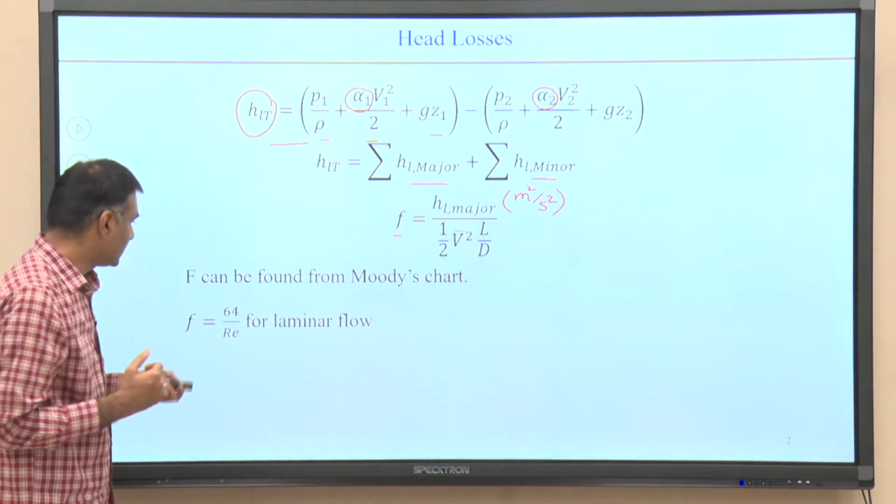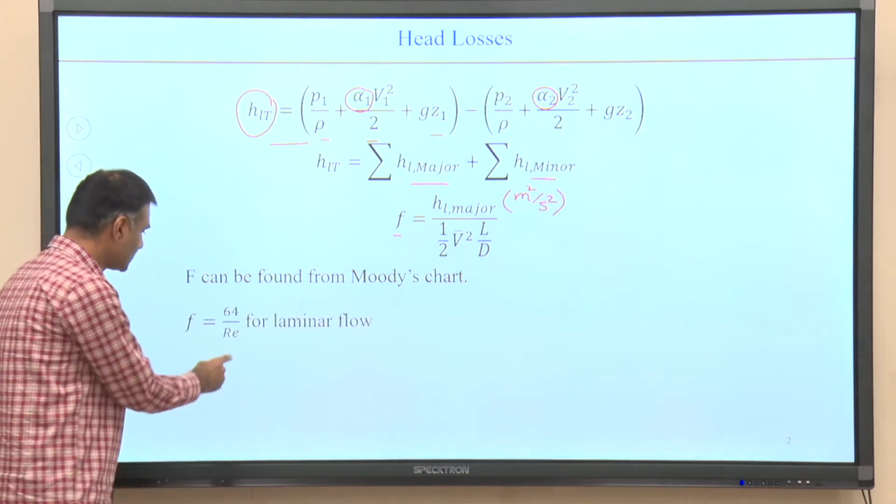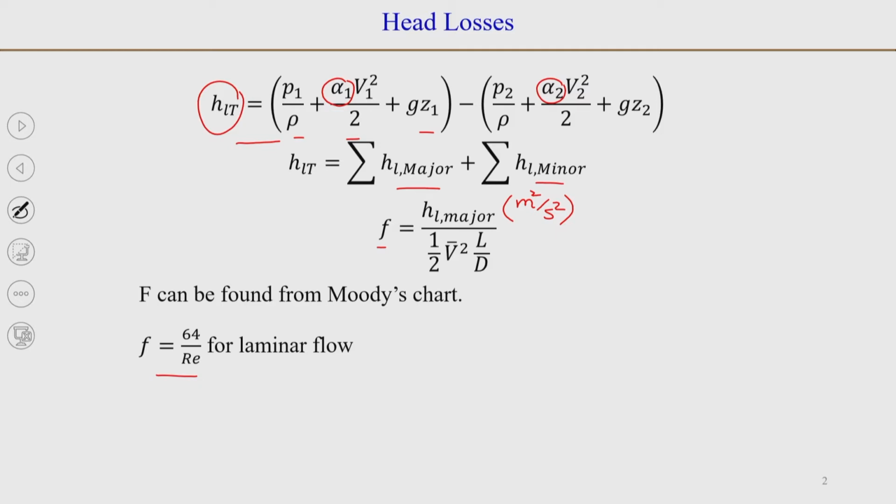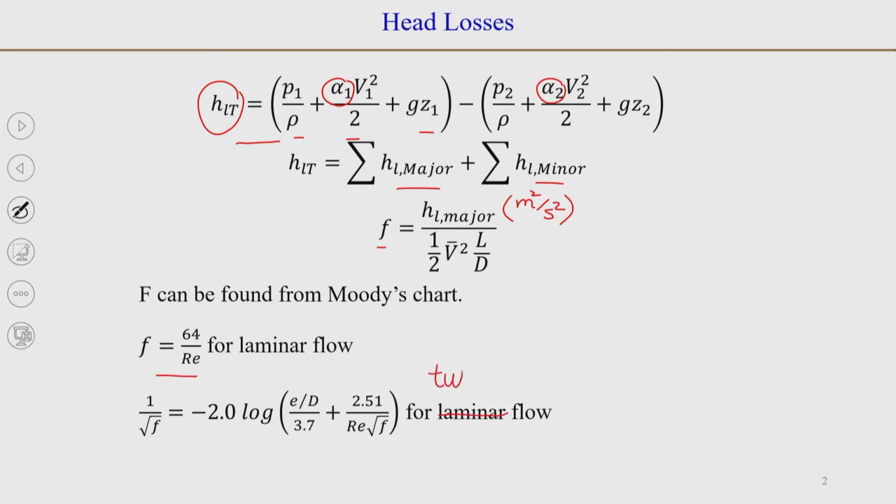Okay. The friction factor that we have we could find from the Moody chart that we saw yesterday, or we can represent it in terms of equations. For laminar flow f is equal to 64 by Re, and for turbulent flow we can use Colebrook's relationship. In this Colebrook relationship, the friction factor is a function of Reynolds number and roughness factor, where e is the roughness factor.